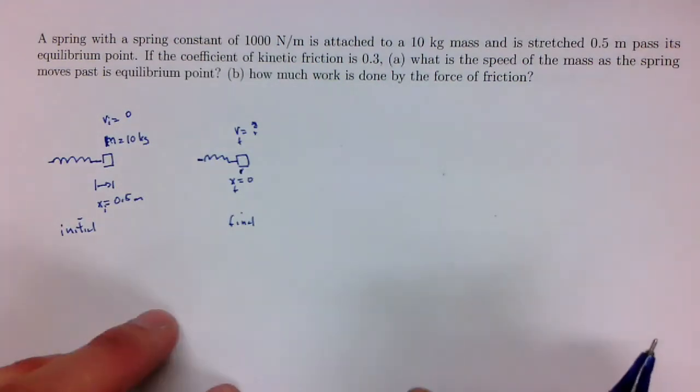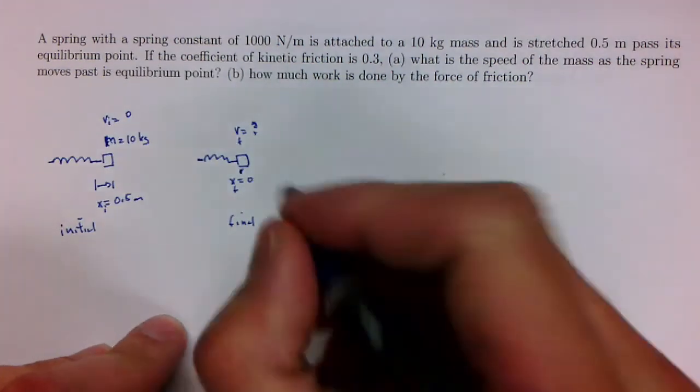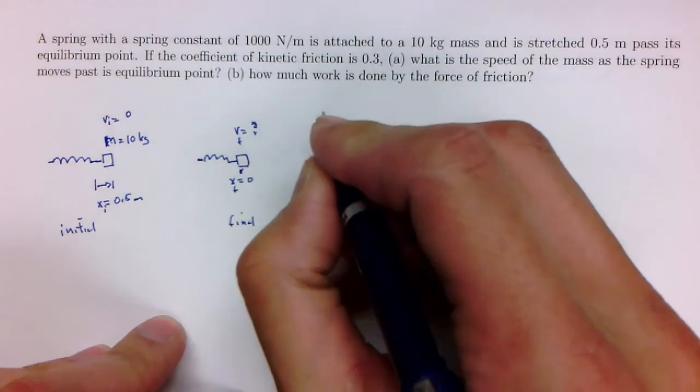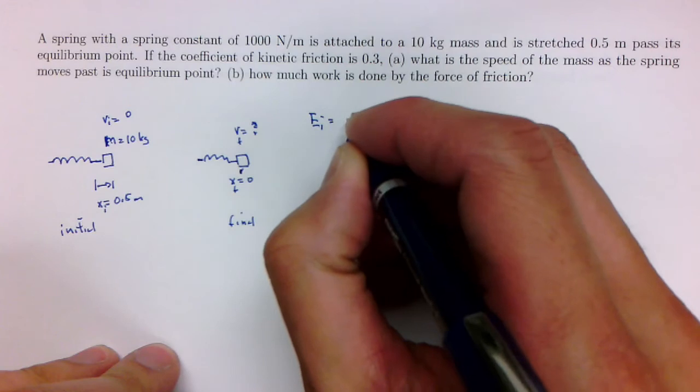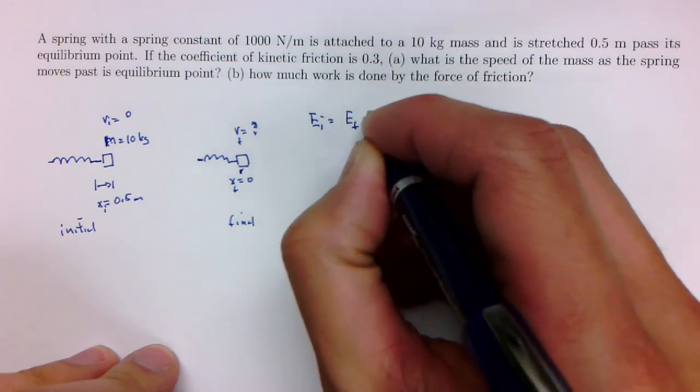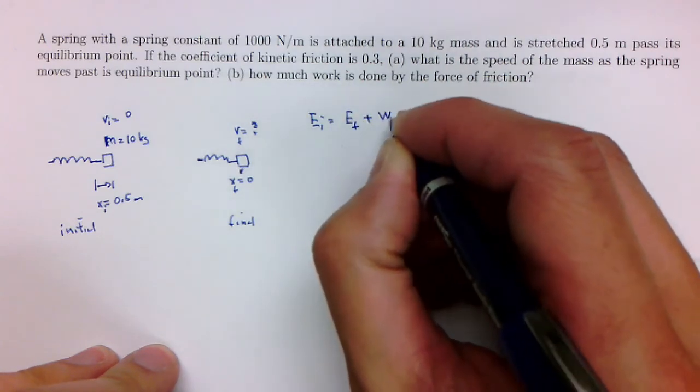So let's do this. In this case, the initial energy is equal to the final energy plus the work due to friction.